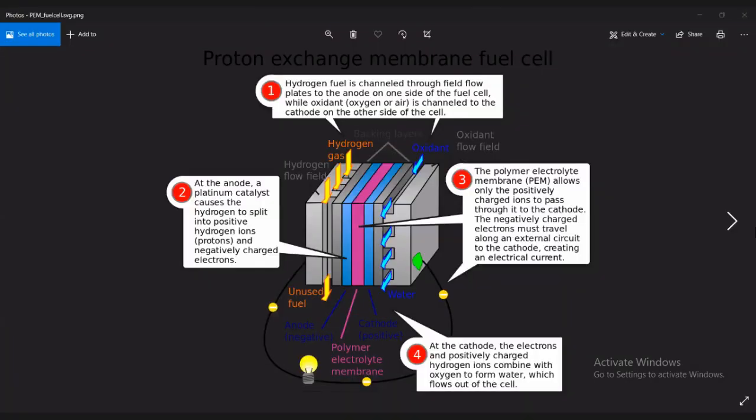We have started another slide which is based on the fuel cell, and the current topic is fuel cell.